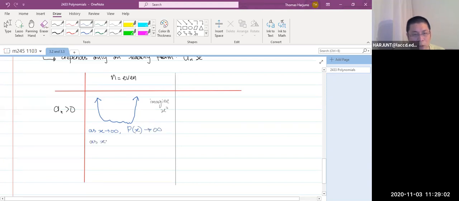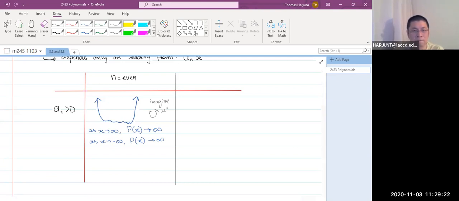As x goes to negative infinity, the polynomial still goes to positive infinity. The same as the graph of x squared. When you go very far to the right, it goes to positive infinity. Go very far to the left, it is still positive infinity.